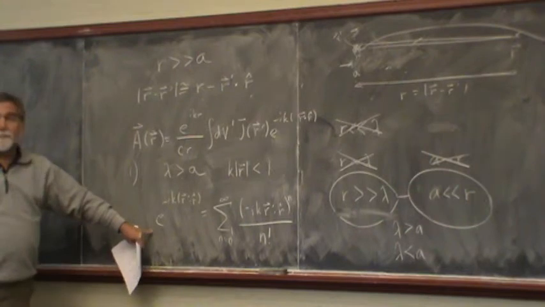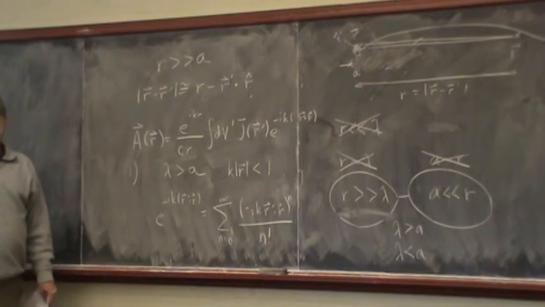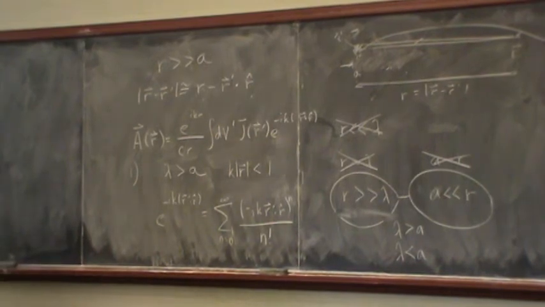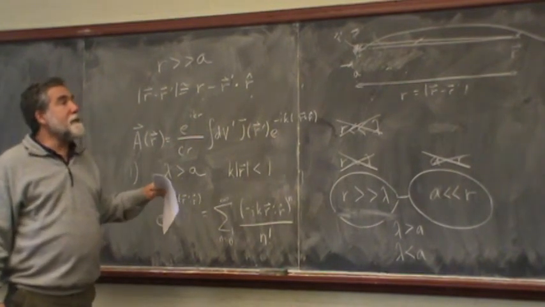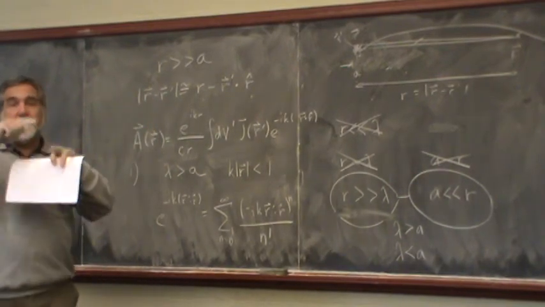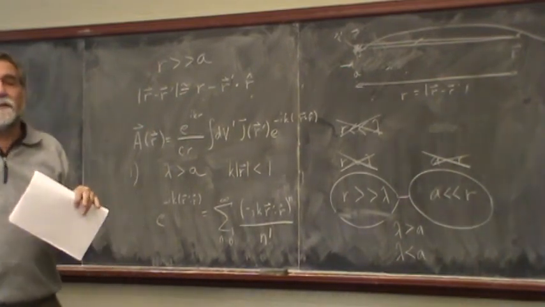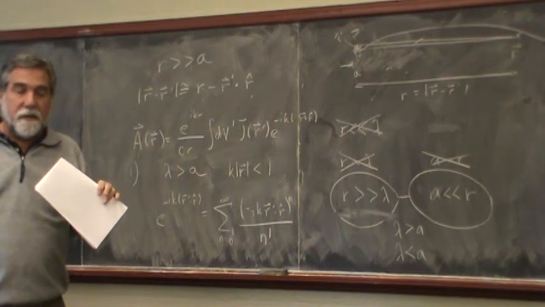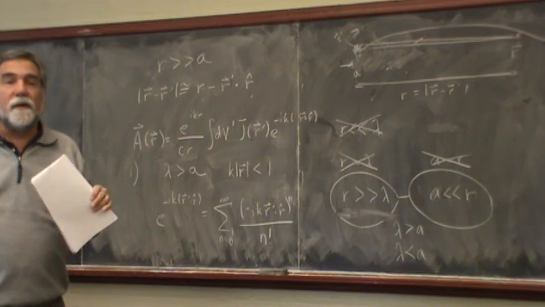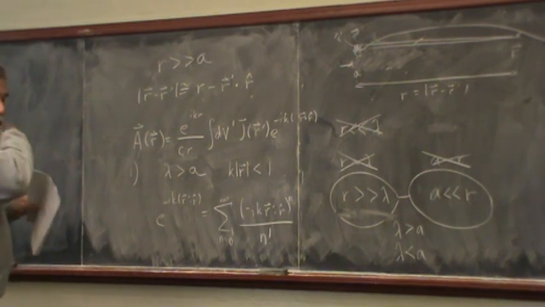Just expressing the exponential in its expansion form as a sum. Why would we do that? Because it'll be useful to us to take a look at the current distribution or the charge distribution and ask whether it has a simple way for us to express it.